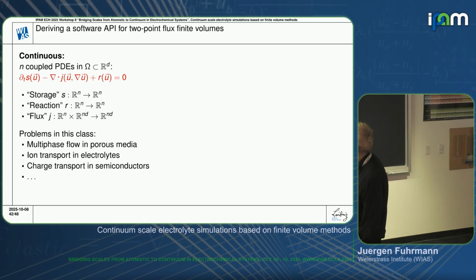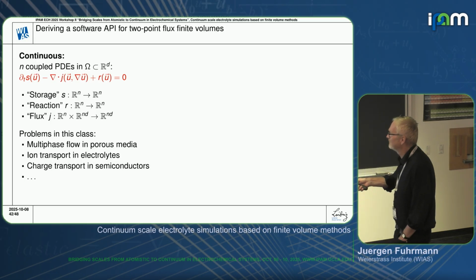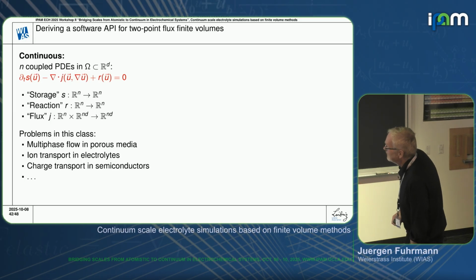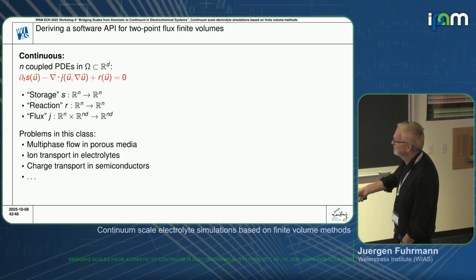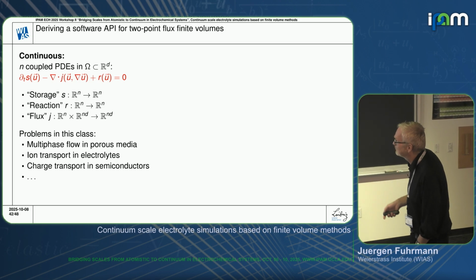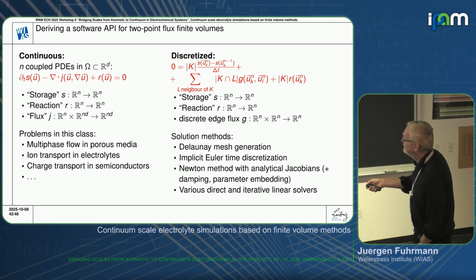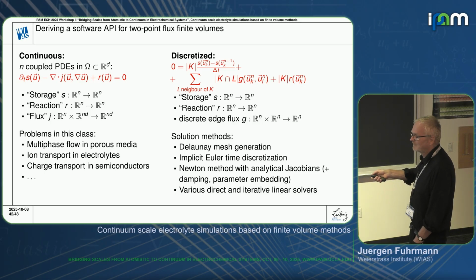So from this finite volume method, basically for this kind of system of coupled reaction diffusion convection partial differential equations which can describe a certain class of problems, we can derive a discretized version.